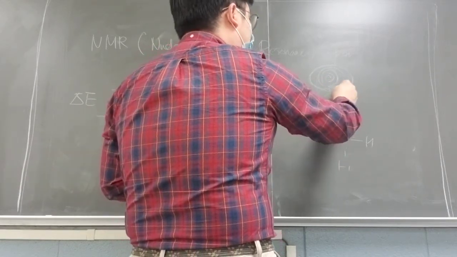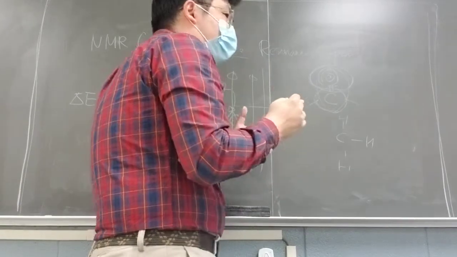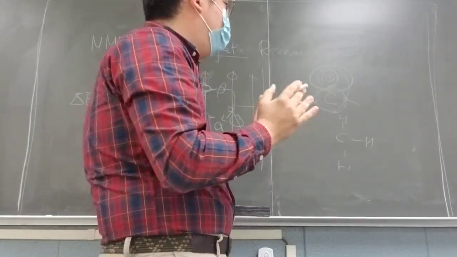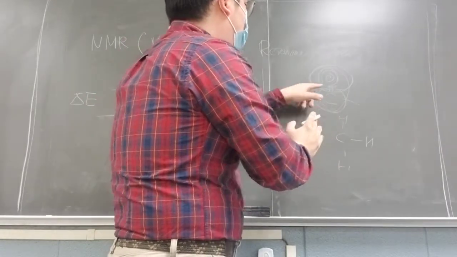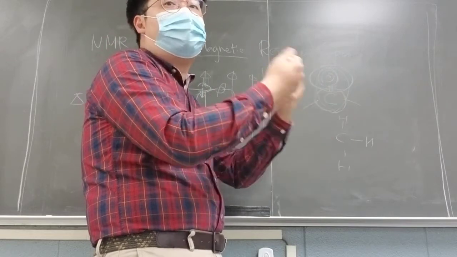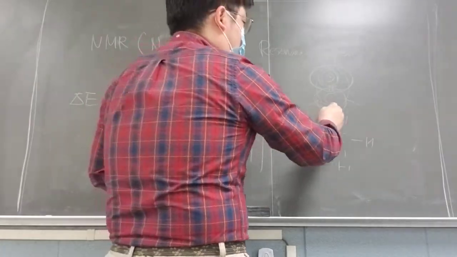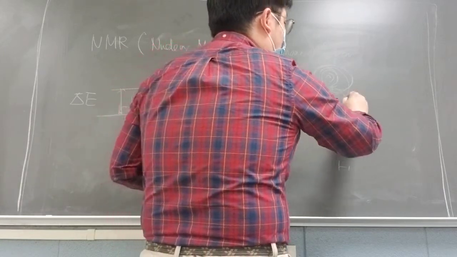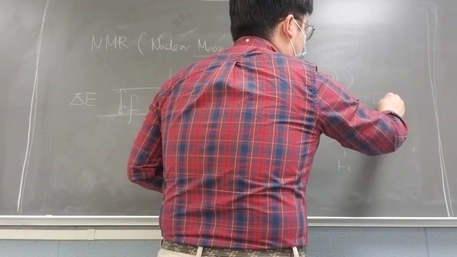So that's why the carbon is less shielded by electrons, because most of the electrons are pulled towards the oxygen, which has a stronger force to attract them. So there is less electron density around this carbon. This is what I mean by environment.